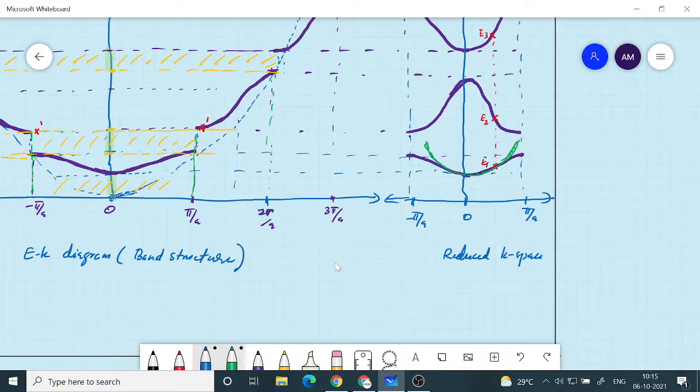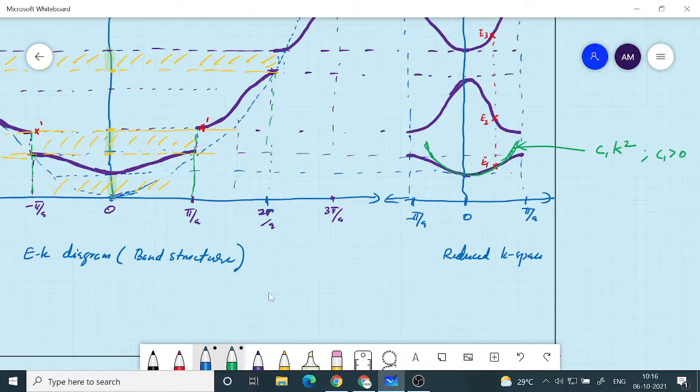For this parabola I can write an equation, say C1 into k square, which is the equation of an upward-facing parabola, where C1 is a positive number, so C1 is greater than 0.